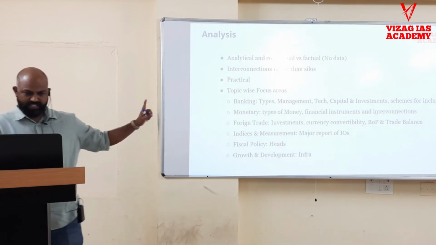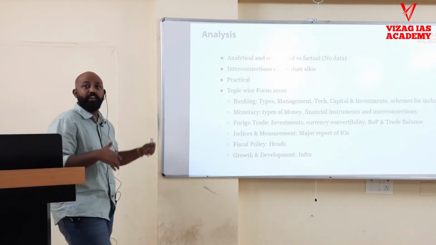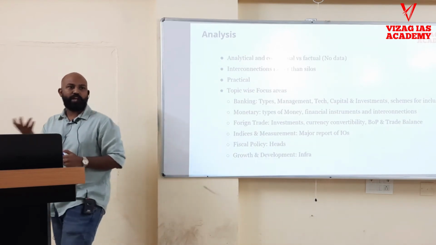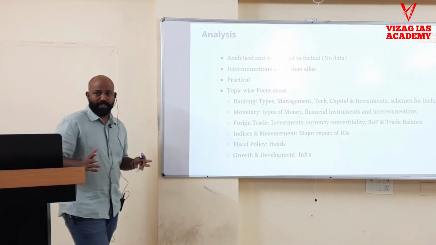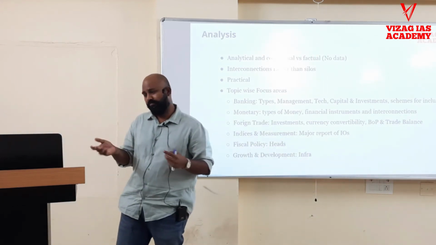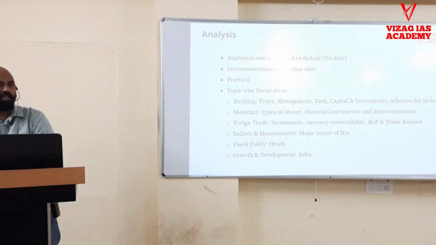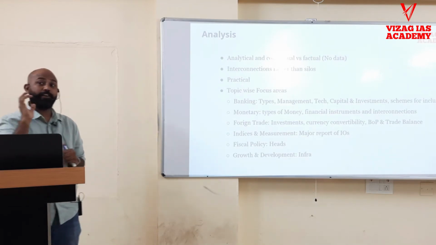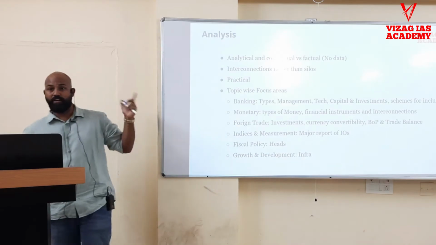Before fiscal, let me just touch monetary. Monetary, one of the questions that is regularly coming is types of money. Your M0, M1, M2, M3, M4 for those of you who know, narrow to broad money. Again, that's another terminology. We will see what those monies are. There are different kinds of money in circulation, and there is one question regularly, almost on an average every year, on types of money.